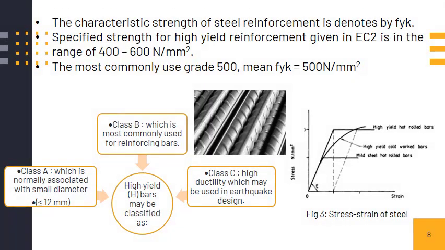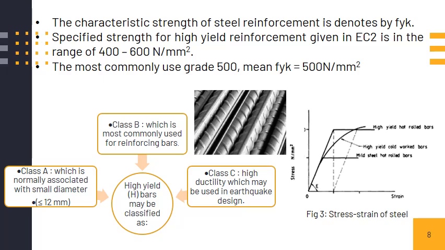For steel, we use terminology of fyk as its characteristic strength. The yield strength of steel is 400 to 600 Newton per millimeter square, and the behavior is plotted in figure 3. Commonly, we use grade 500, meaning that it has a yield strength of 500 Newton per millimeter square.